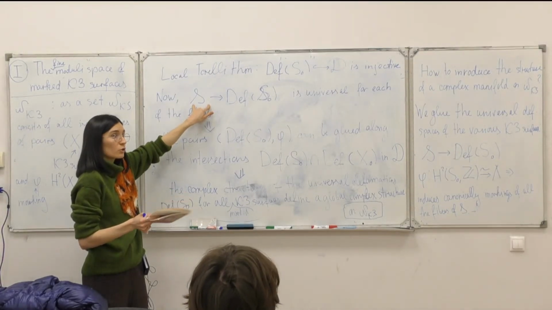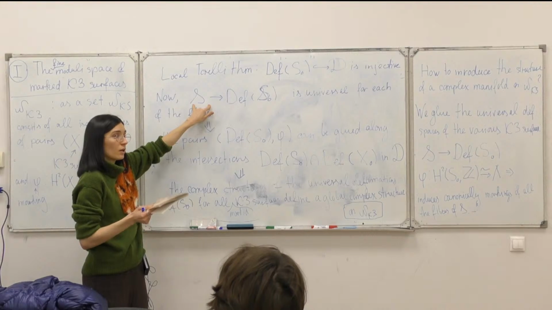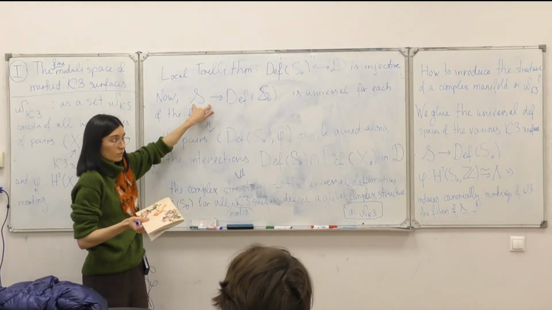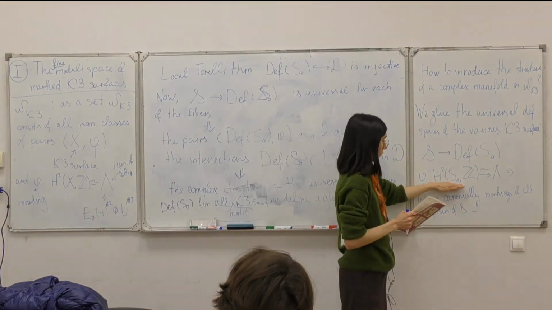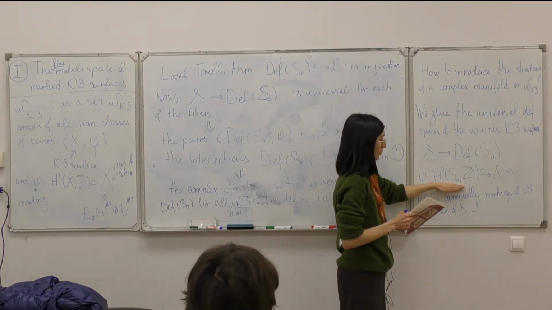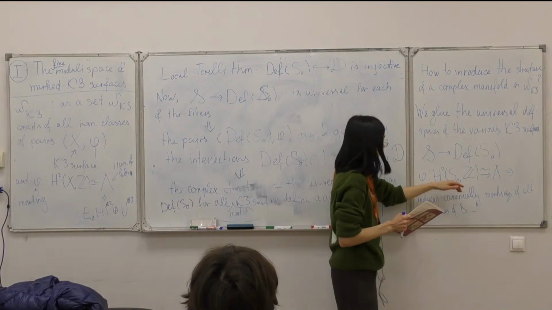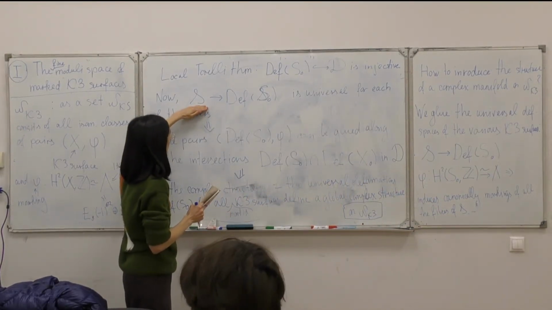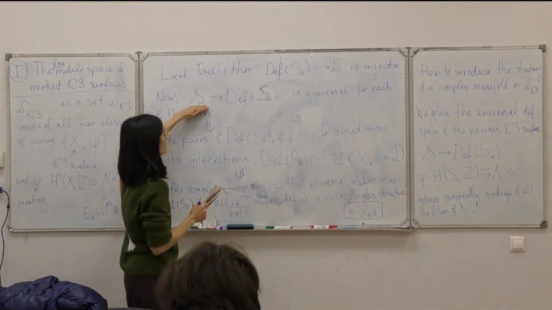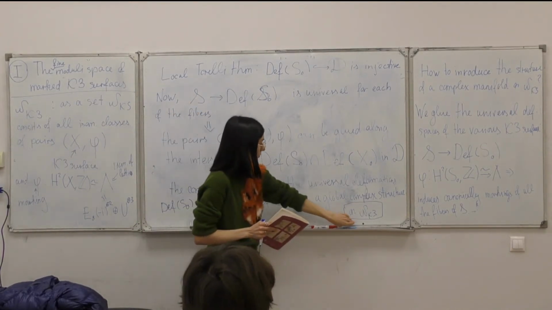Roughly speaking, because K3 surfaces have non-trivial automorphisms. And for a marked K3 surface, we don't have non-trivial automorphisms. So because of this, we can glue universal deformations to obtain a universal family here.